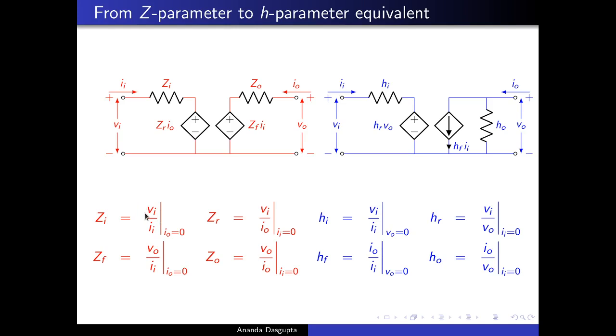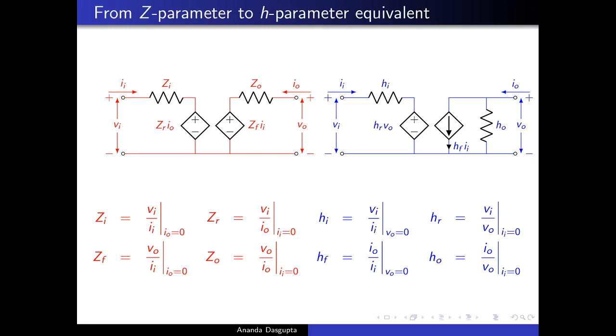So what Zi really is a change in the input voltage, capital Vi, divided by the change in the input current, capital II, under the condition where the output current, capital IO, does not change. Of course, if you remember our last lecture, the formal definition of Zi from the Taylor series was del Vi del II at constant IO. So this is, of course, the partial derivatives expressed in terms of small signal or small fluctuations.